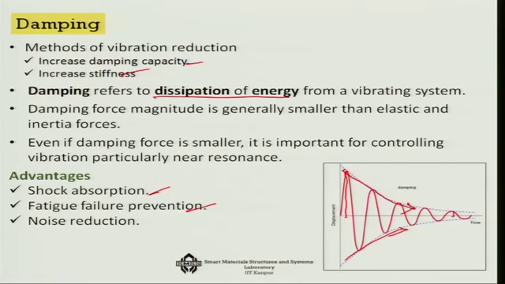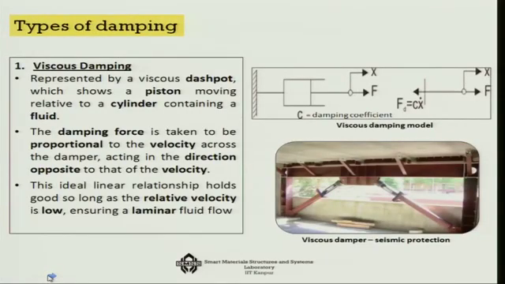So, there are various ways in which we can quantify the damping. Now, there are two important types of damping. One is called the viscous damping, and as you can see, like in seismic protection or in any door, the door closer is actually a dashpot.